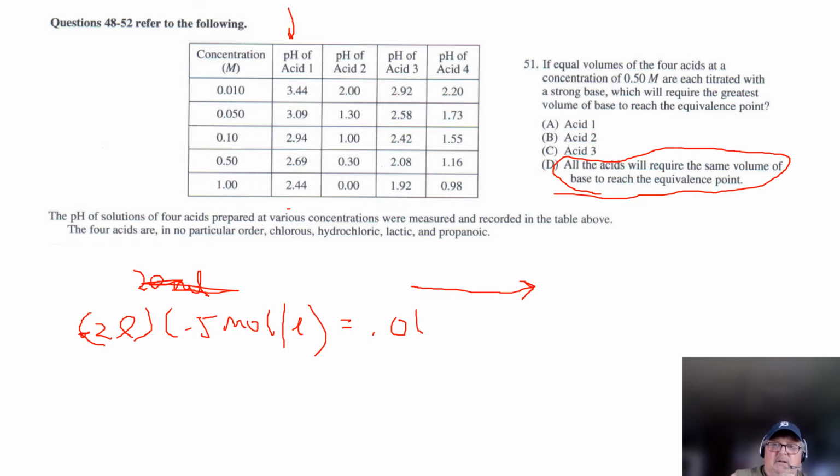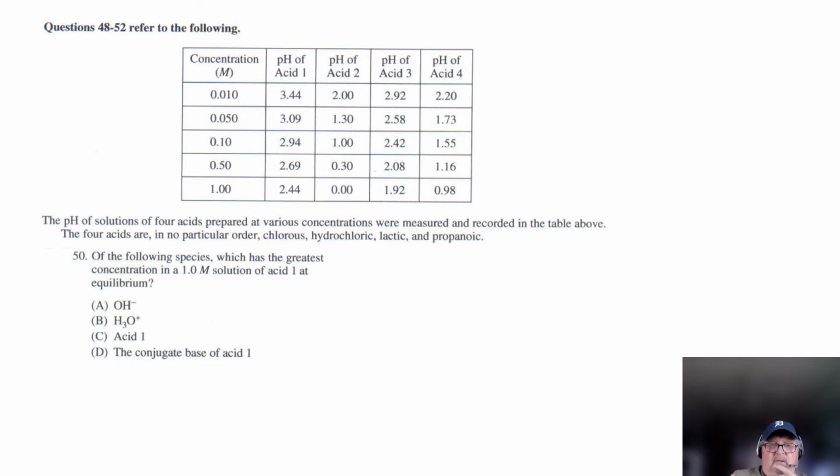It's just saying if you add some amount at some concentration of each acid, and they're all exactly the same, then that's how many moles of acid you have, and that's how much base you're going to add.